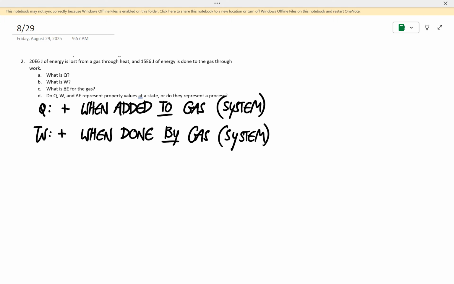So if 20 times 10 to the 6 joules of energy is lost from the gas, subtracted from the gas, we already know they give us this number, 20 times 10 to the 6. We just have to think about whether it's positive or negative.